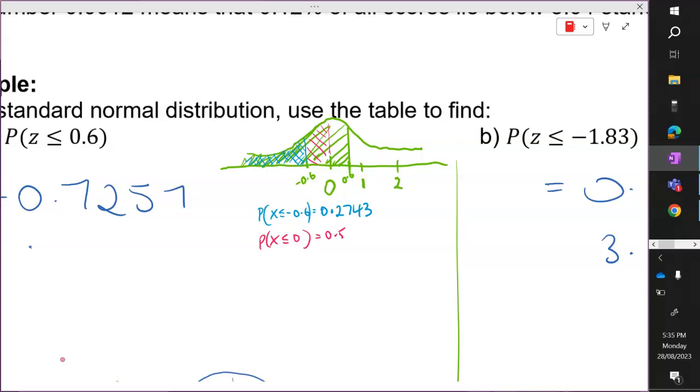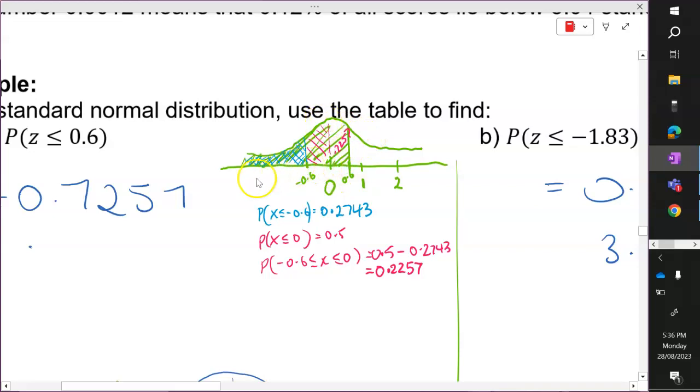That part between 0.6 and 0 is going to be 0.5 take away 0.2743, which gives me 0.2257. So I now know that the part between 0 and 0.6 is 0.2257.